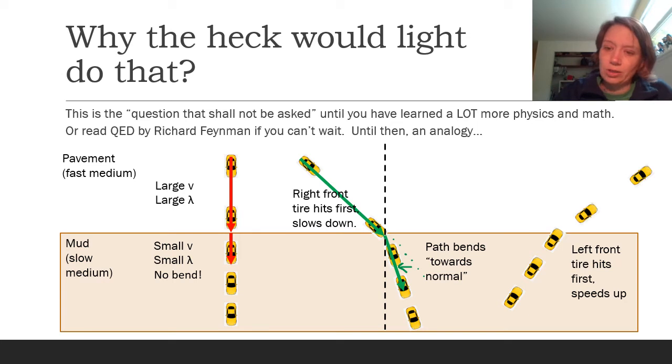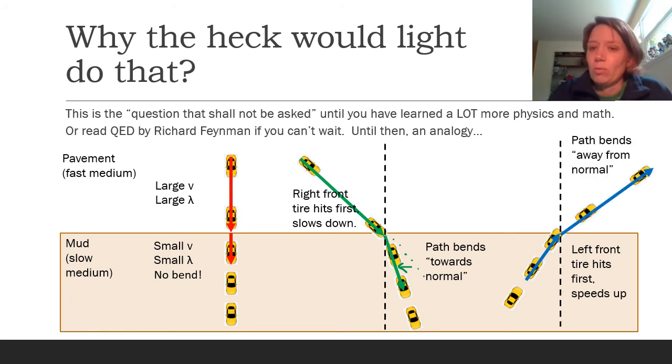And so we actually spin this way and are going to be driving kind of more away from the normal line, right? If this is my light rays. So when we go from a slow medium to a fast medium, the path is bending away from normal, just like if it was a car trying to get onto pavement. And when we're going from a fast medium to a slow, we get a bend towards the normal line, just like as if you were hitting mud.